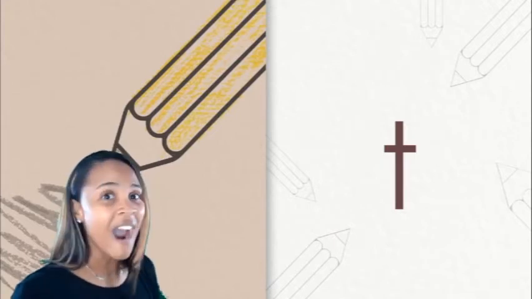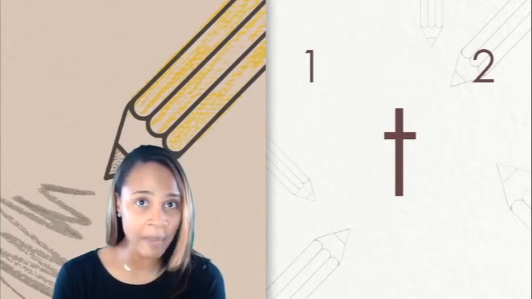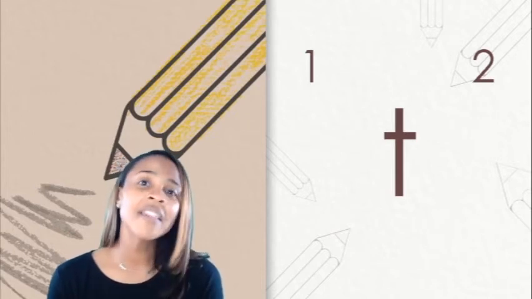Now let's try our handwriting paper. Do you remember the word teapot from our first lesson? The word teapot makes the T sound for the letter T. The letter T has 2 straight lines.